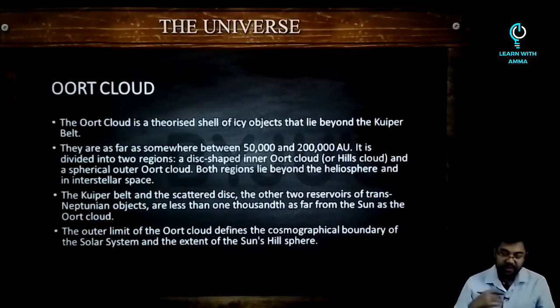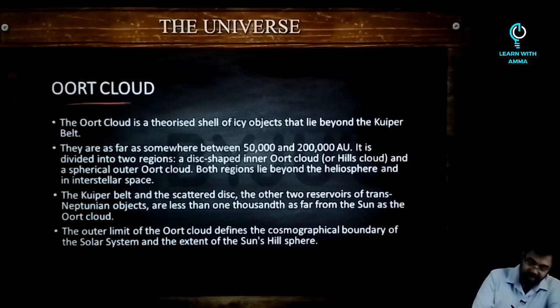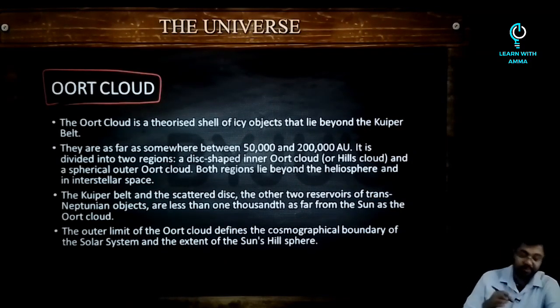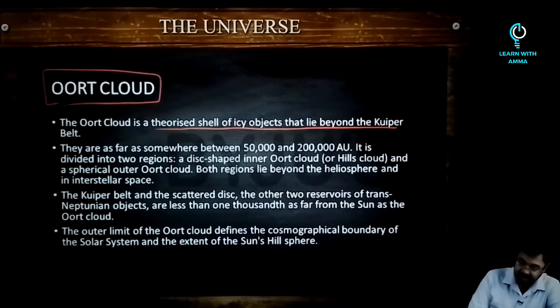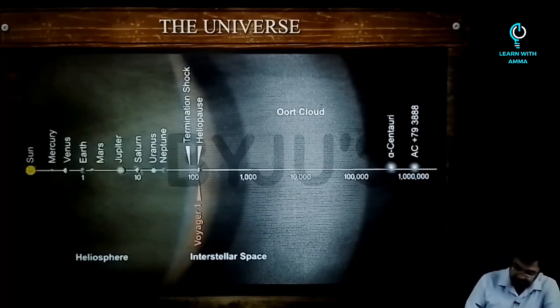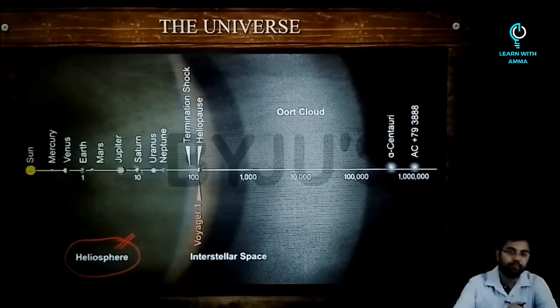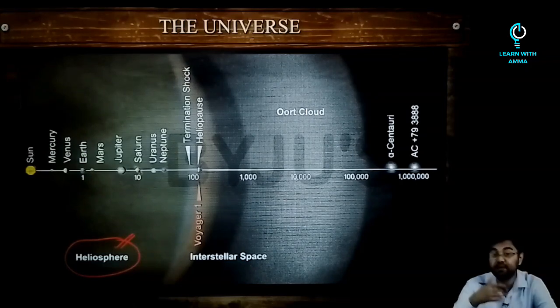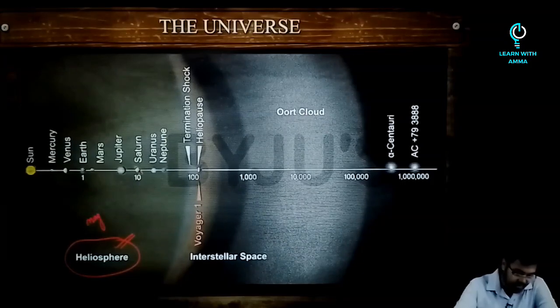Next, the last one that you have at the edge of the solar system is something called the Oort cloud. The Oort cloud is theorized small icy objects that lie beyond the Kuiper belt. If you look at this particular diagram, you have the heliosphere here. The heliosphere is the region up to which you have the influence of the sun, or the influence of the magnetic field of the sun.